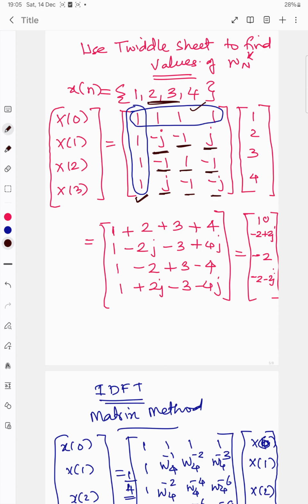Now we are basically doing a matrix multiplication.